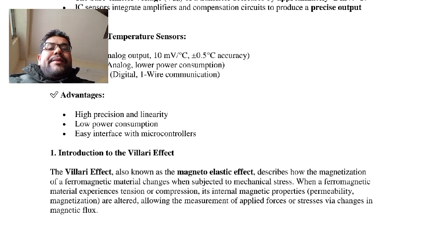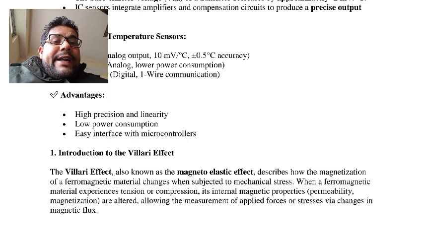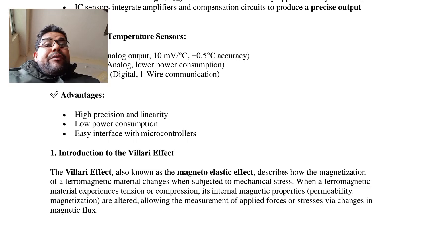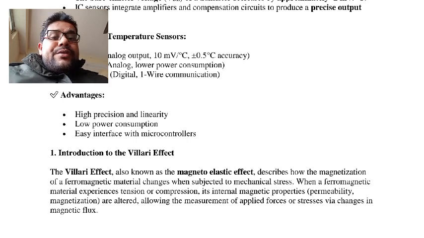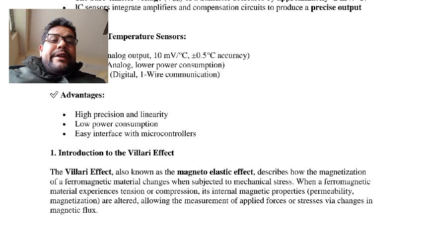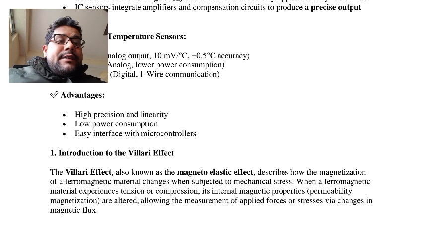This is also known as the magnetoelastic effect. The magnetization property of ferromagnetic materials can be changed when we apply tensile or compressive force. It is called the Villari effect.